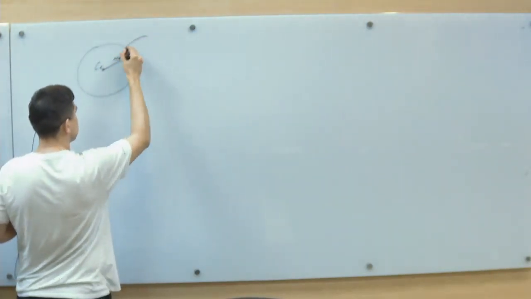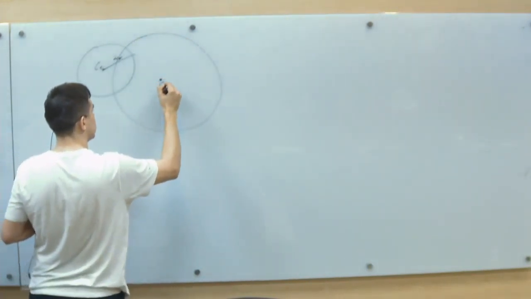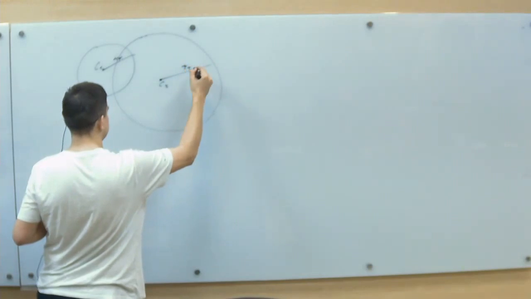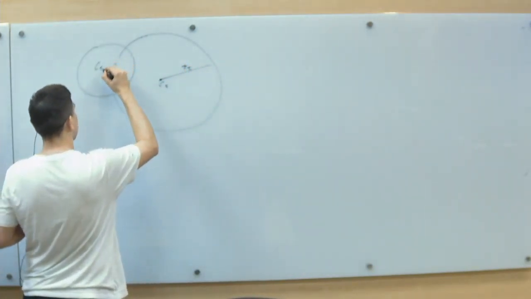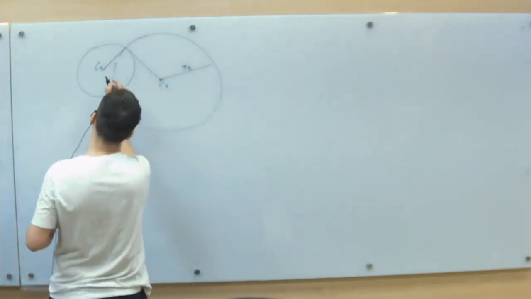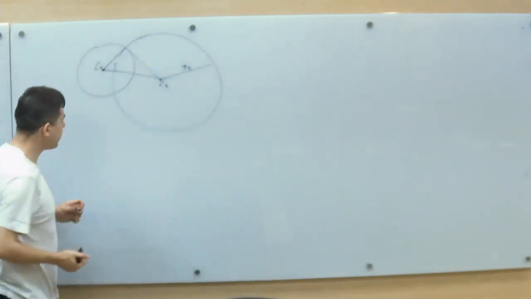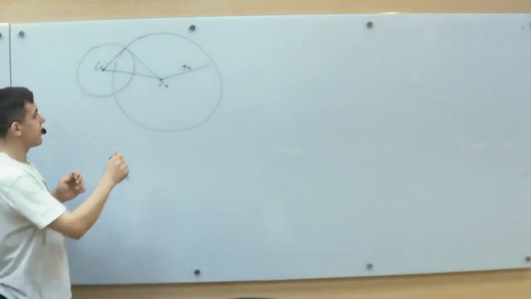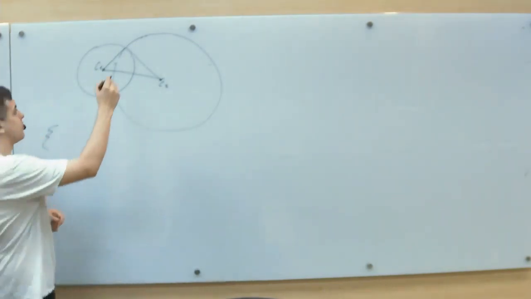We have another circle, C2, R2. Okay, so first of all, let's talk a bit about algebra, and how to intersect two circles to find these 2 points.